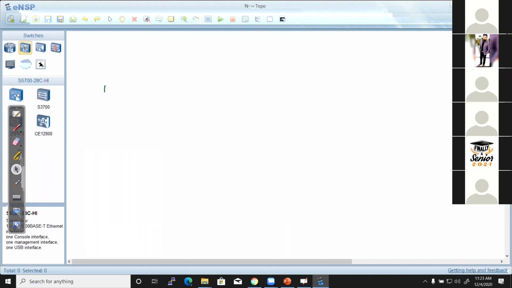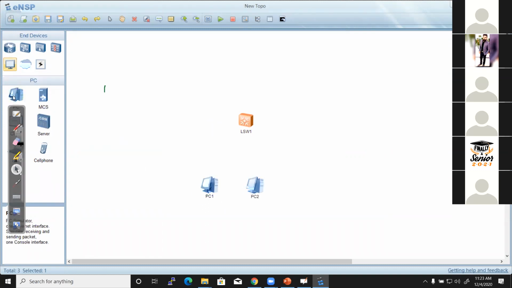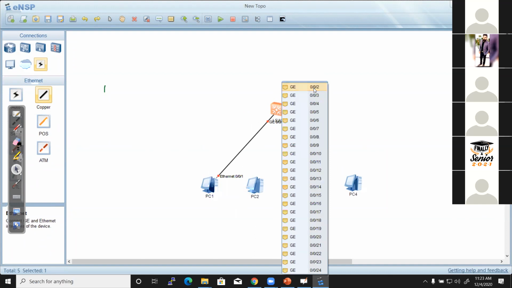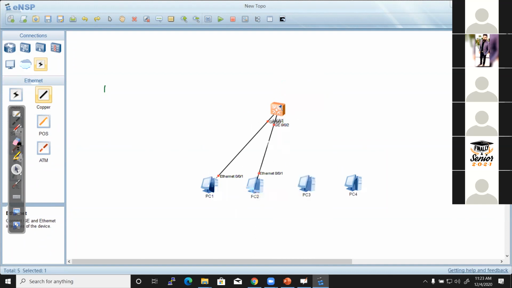For example, I'm taking S5700, and let me drop 4 PCs. You can take any port, for example, port 1 with the first PC, port number 2 with the second PC, port number 3 of this switch with the third PC, and port number 4 of this switch with the fourth PC.